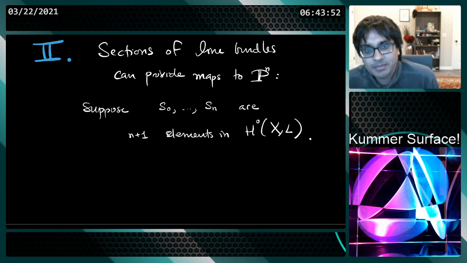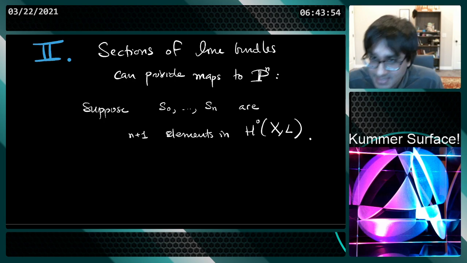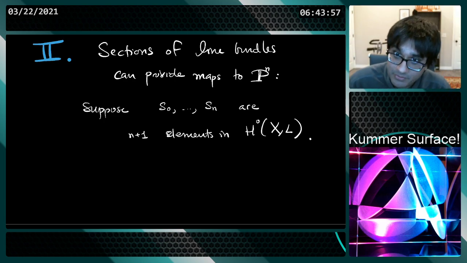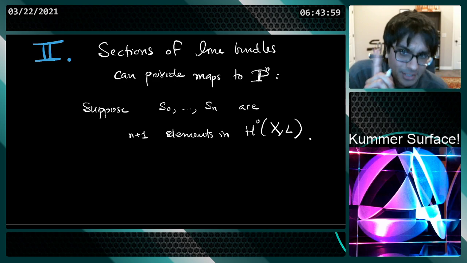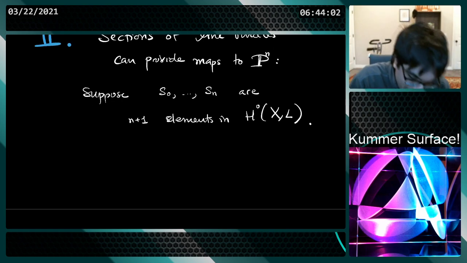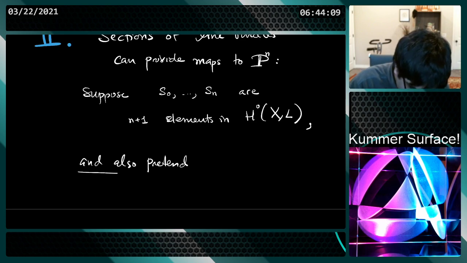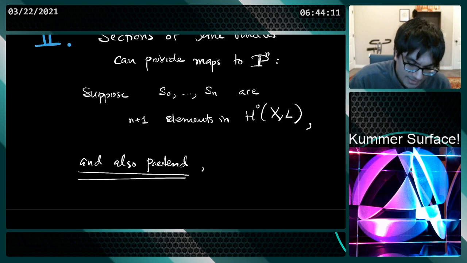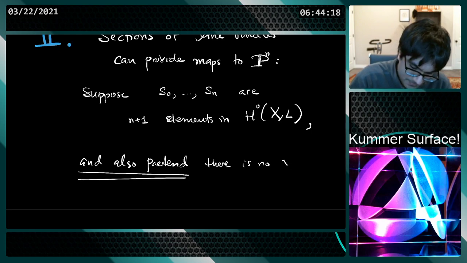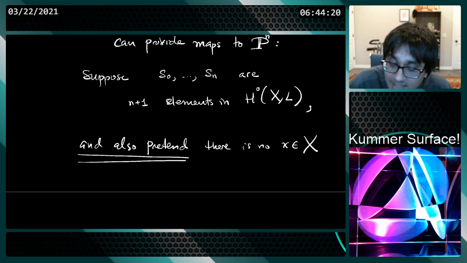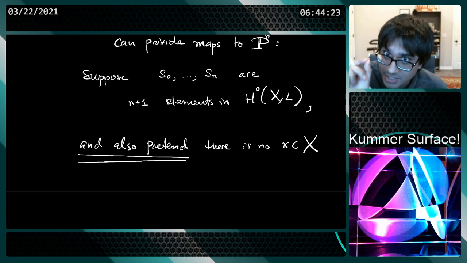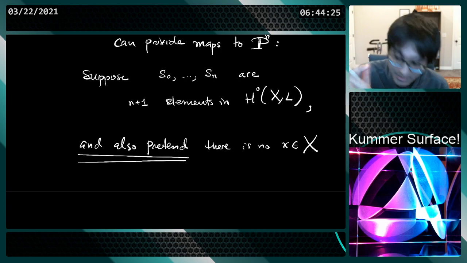Okay. So suppose you have n plus 1 global sections, this many. And here's one thing. We need to assume something. Also suppose, and also pretend, very crucially, that there is no point on your variety X where all of the sections were outputting the 0 vector.